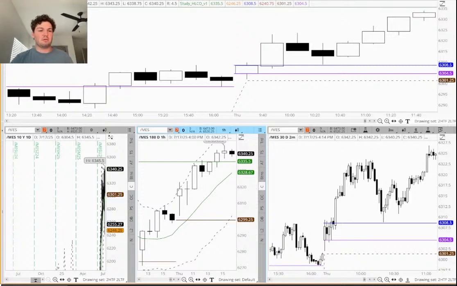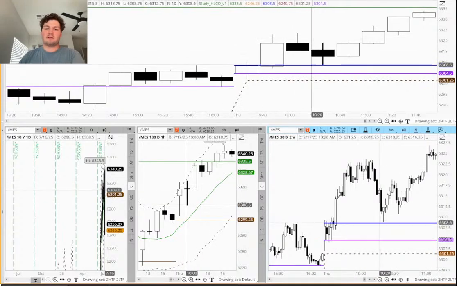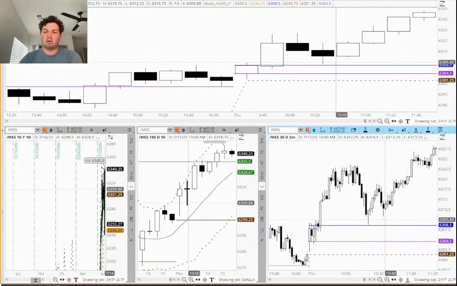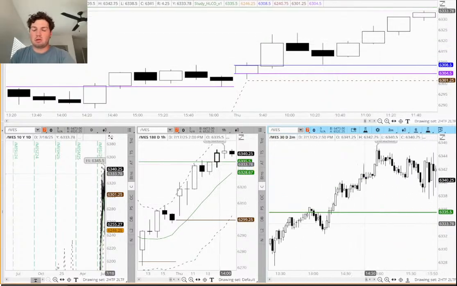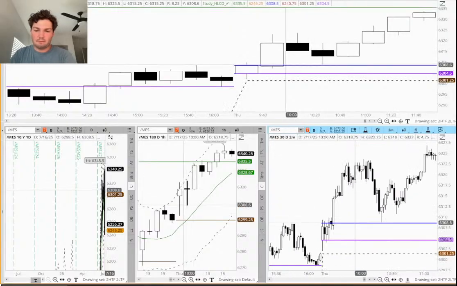I'm gonna actually remove the rule. Hands off. Okay. So we would have entered right here. Would have went our way, come down, would not have stopped us out, however. Then it would have gone back up our way. So we said 6-point, what the stop loss would have been, let's see.